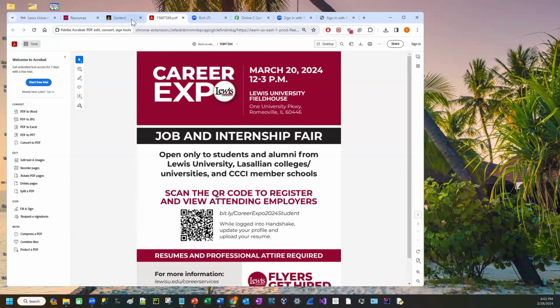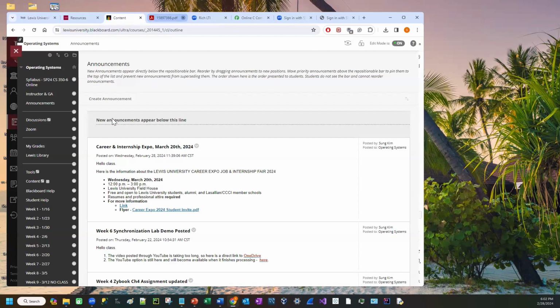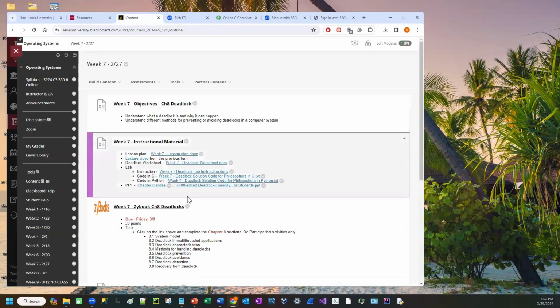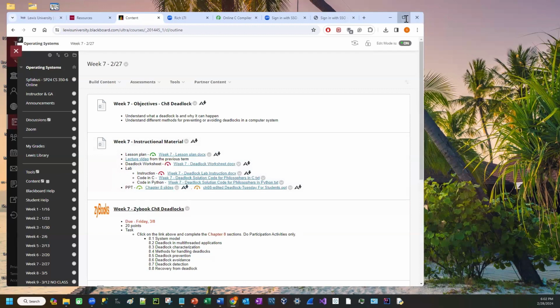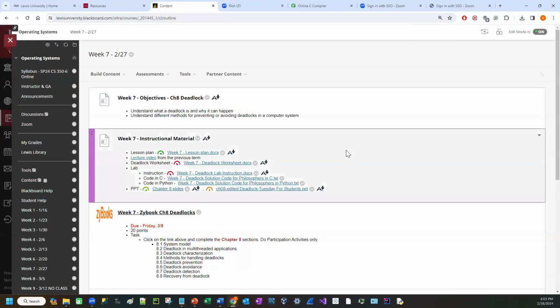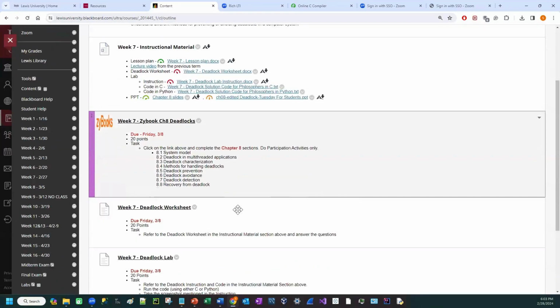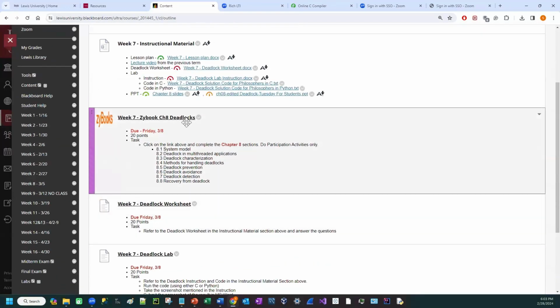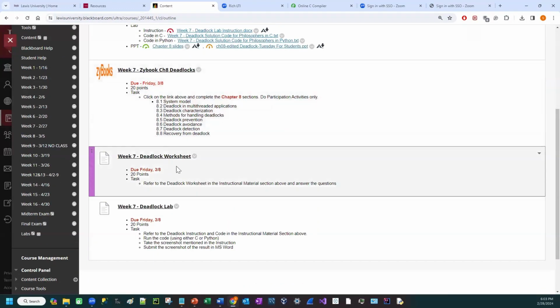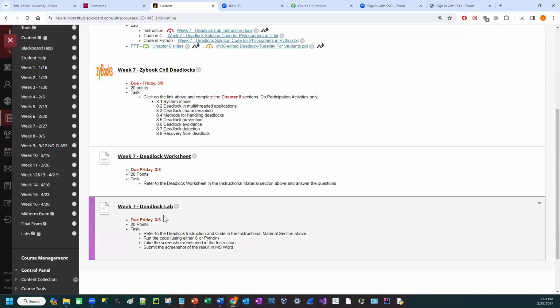Okay. Let's see here. If you go on to week number 7, this week's topic is deadlock. So there are 3 assignments: the Zybook, the worksheet, and then the lab.